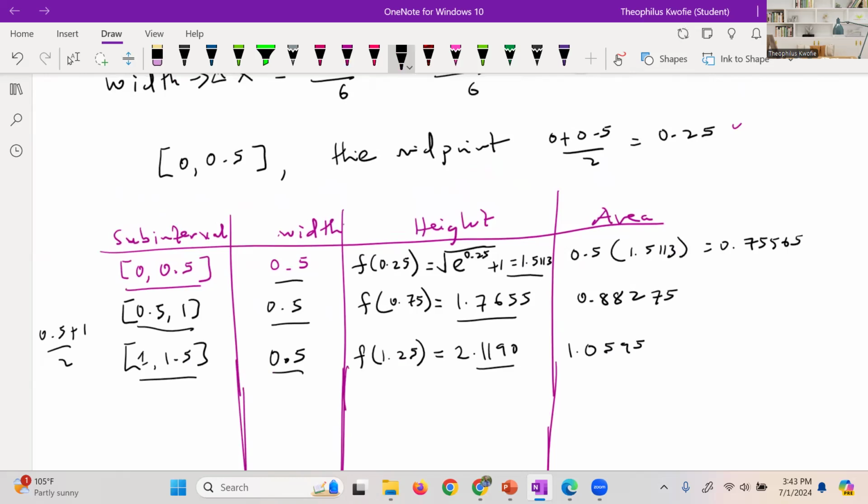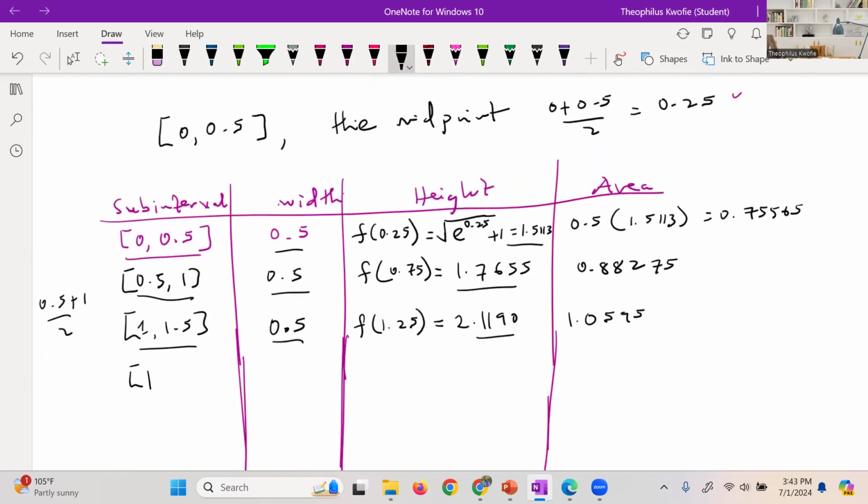1.0595. Then another sub interval, we have 1.5 to 2, and the width is 0.5. And then when we find the midpoint within this sub interval, that should give us 1.75.